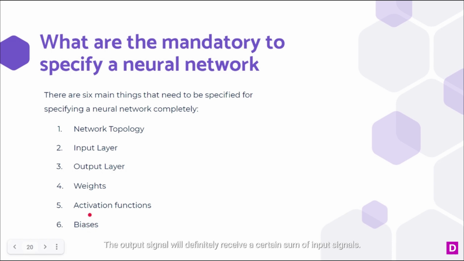The output layer will receive a sum of input signals, and the activation function decides what to do with that summation of input signals. Either multiply, or add something, whatever it is, all those mathematical equations we generally call activation functions.